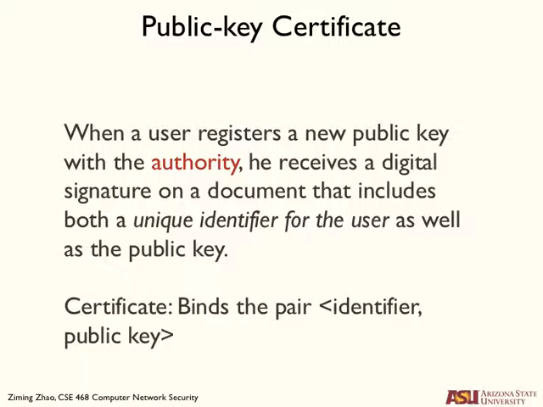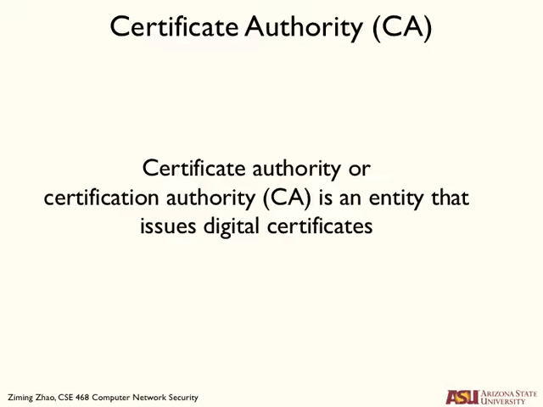Whenever a user wants to use a public key system to receive messages, and also wants to do digital signature, they need to register their public key with some kind of authority. The user will receive a digital signature on the document that includes the identifier for this user and the user's public key. The authority that issues this certificate is called a certificate authority. In most cases, people just call it a CA.